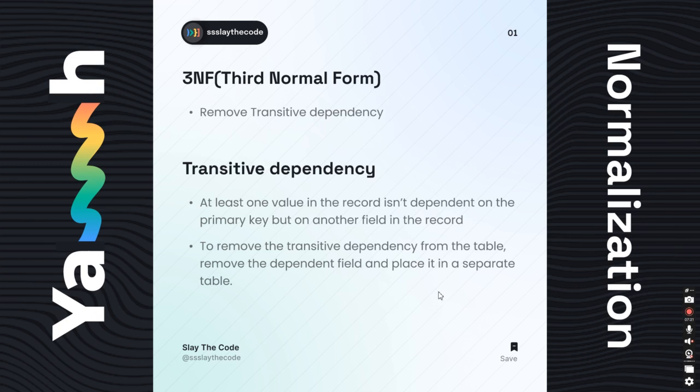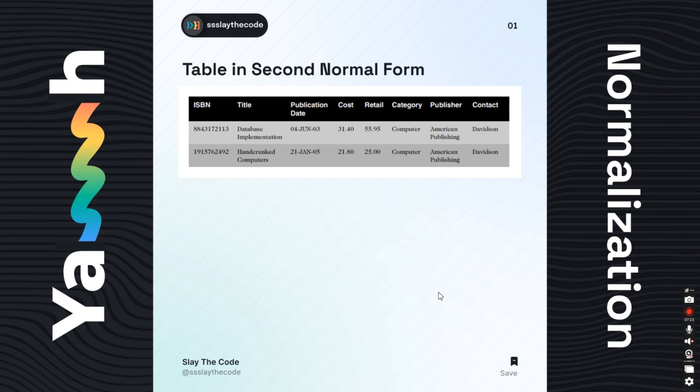Let's see it with the example. You can see that title, publication, everything depends on the ISBN, but not the contact. If I want to reach the contact person, I will not contact them through the primary key, I will contact the publisher.